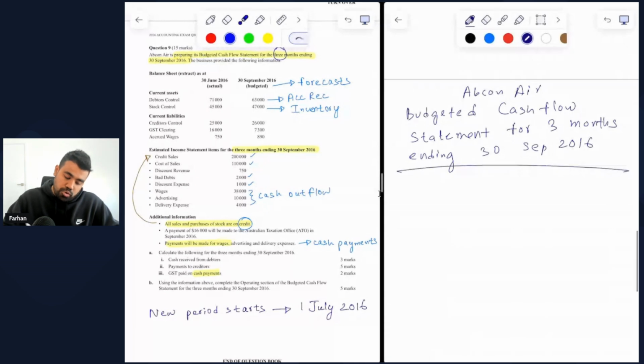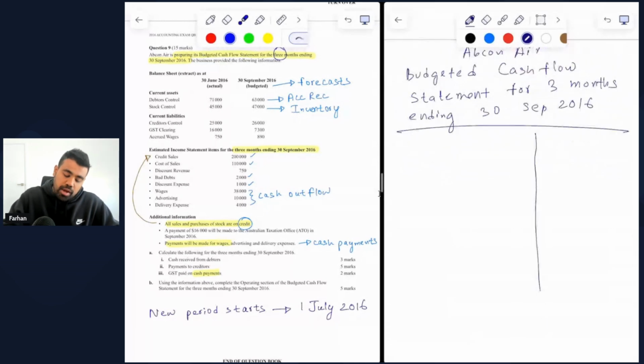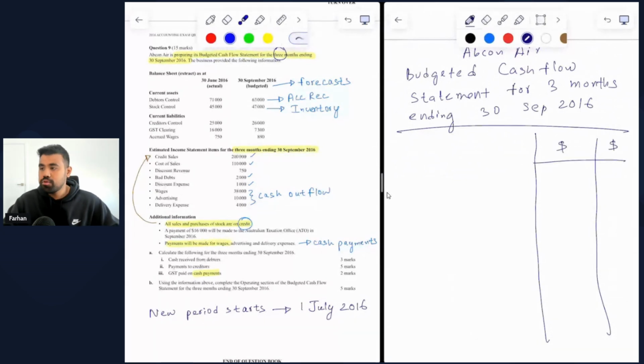And we can draw 2 columns, just an outline with 2 columns. And obviously, all the amounts are expressed in Australian dollars. So we're going to start with the operating activities section, and that's the only requirement for this particular question.